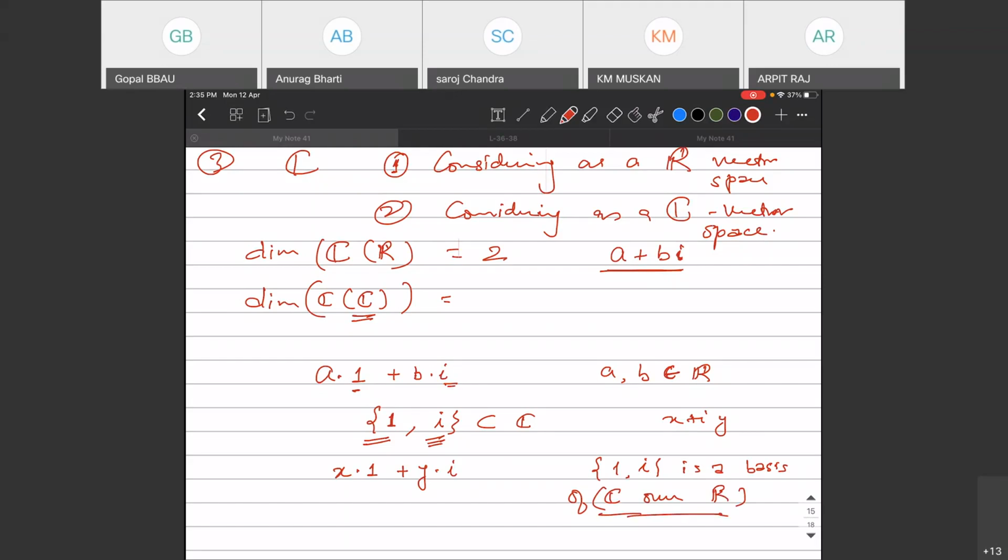Correct? So this means the dimension of the vector space of complex numbers over R is 2.